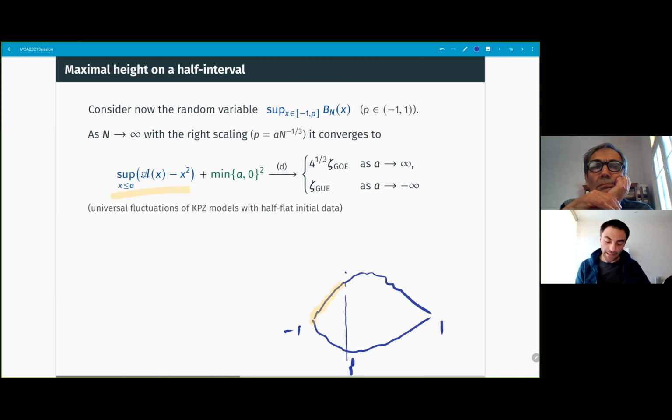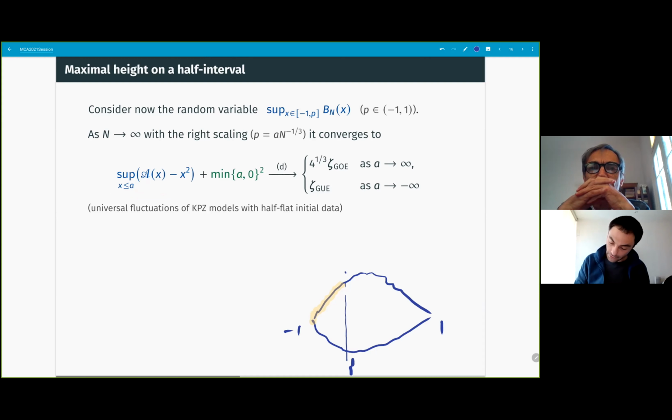Again, you can think of this as the universal fluctuations of KPZ models, but instead of putting flat initial data, you put something called half-flat initial data. So it's essentially flat on a half interval. This is a problem that's sort of well studied, and you can guess what you're going to see as you move a in this case.